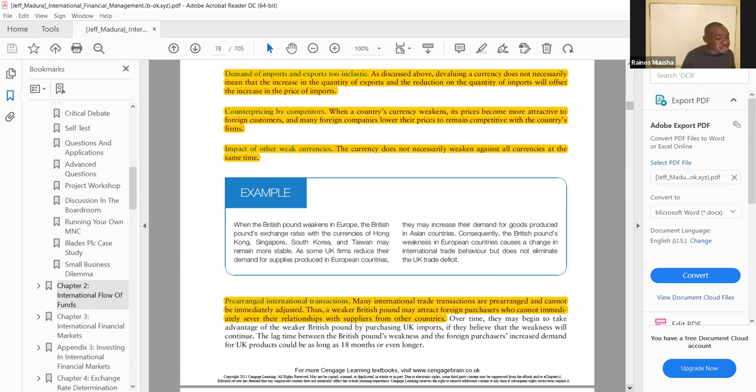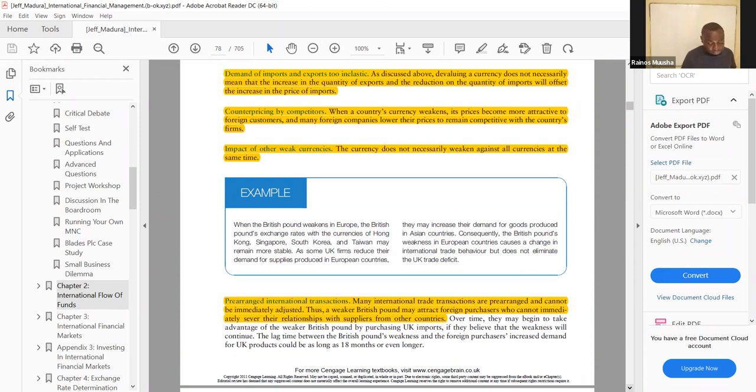For example, if there's already a contract where customers are going to be buying goods and services over a given period of time, and there's a contractual arrangement to say we are buying the goods and services at a certain price over that period, it basically means that regardless of what happens with the exchange rate, that arrangement has to be met, due to a contractual obligation.